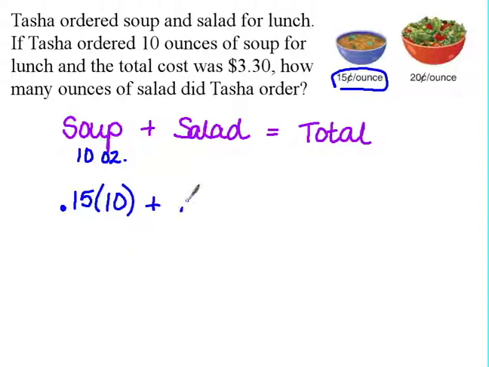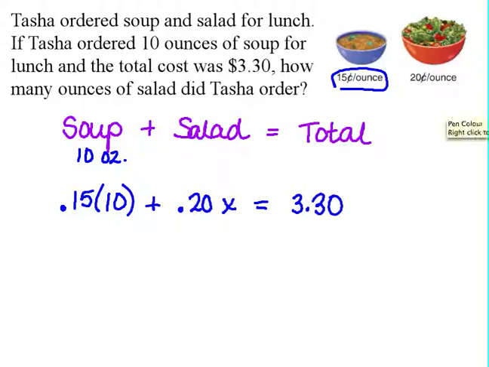So now what's the salad cost? 20 cents. Do I know how much salad that Tasha bought? No, so we'll call it what? We'll call it X. I would use an S. The problem with an S is sometimes it looks like a 5. Okay, so that's one of those things we usually like to stay away from S's. And so then how much was the total bill? $3.30.